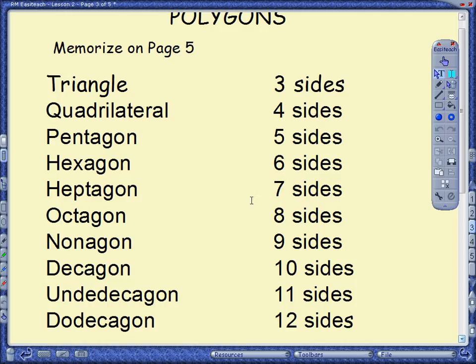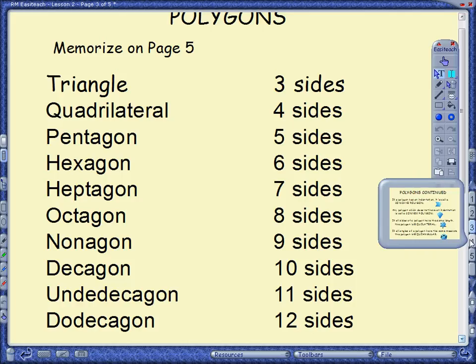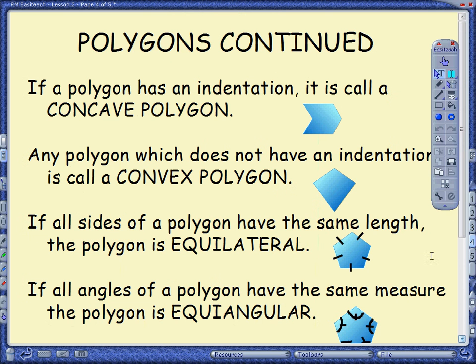A heptagon has 7 sides. An octagon has 8 sides, and a nonagon has 9 sides. A decagon has 10, an undecagon has 11, and a dodecagon has 12 sides. And that you should just memorize. It's on page 5 of your text.